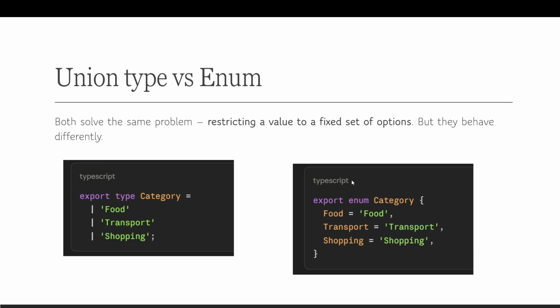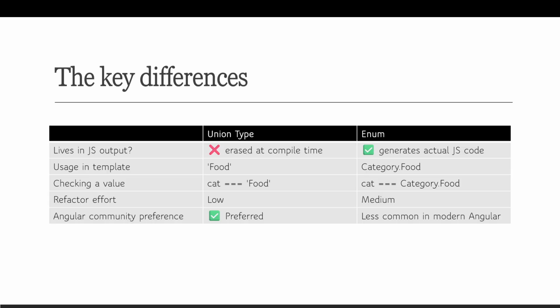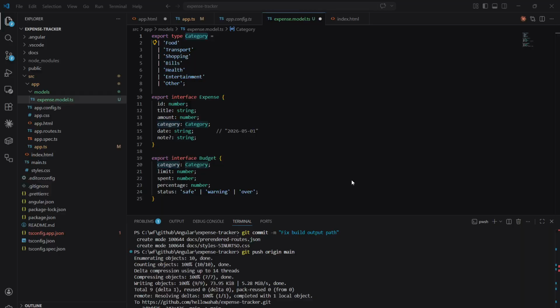But the reason is that the union type itself, when the project is compiled from TypeScript to JavaScript, as you might know, TypeScript projects are compiled into JavaScript and then run in the browser.